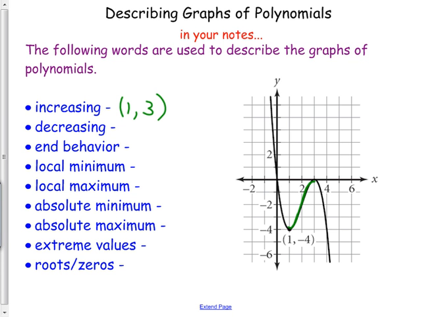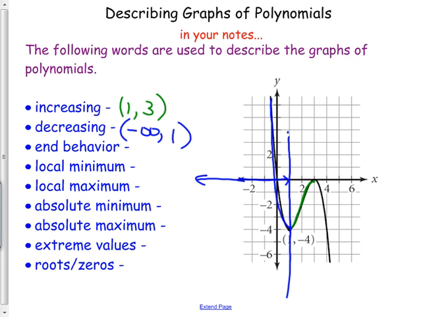Remember that? Is there any other spot where this thing is increasing? No, it's only going down in the other spots. So it's going down from here to here, and that's from way over here up until there. From negative infinity to 1.